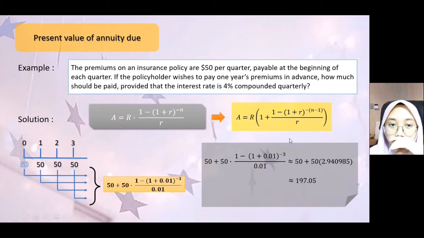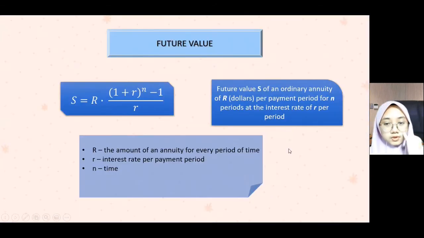Another addition in the formula of annuity due, as we can see in the yellow box, is that the n in the formula has to be subtracted by 1. So we just substitute it, and then we will get $197.05.